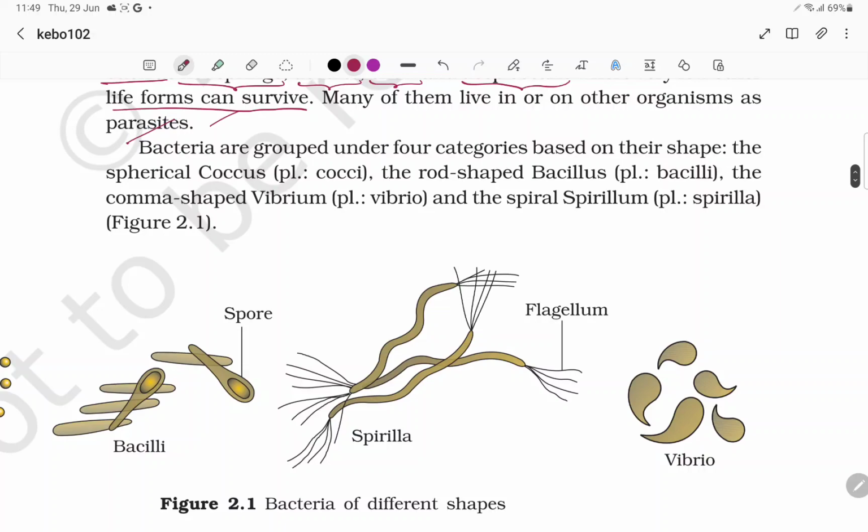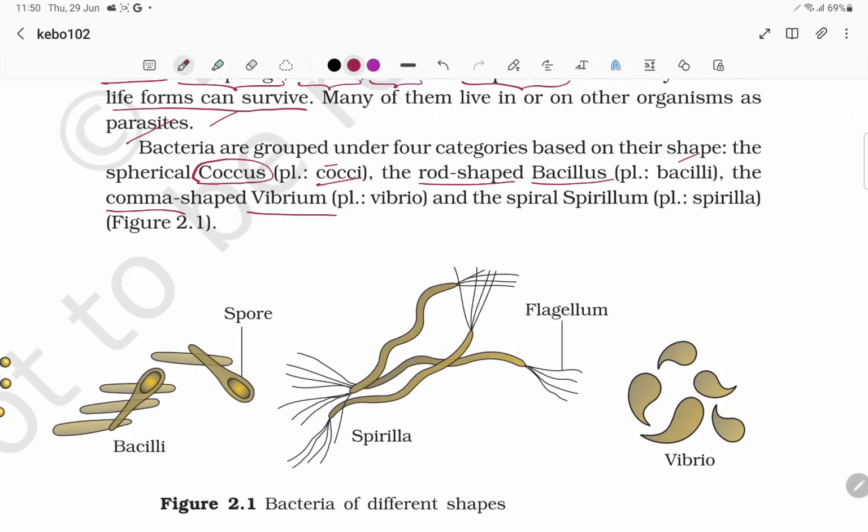Bacteria are grouped based on their shapes: spherical, which means coccus, cocci being plural; rod shaped, bacillus singular, bacilli plural; and comma shaped bacteria, Vibrio. For cocci, let me tell you, streptococcus causes pneumonia, and staphylococcus.